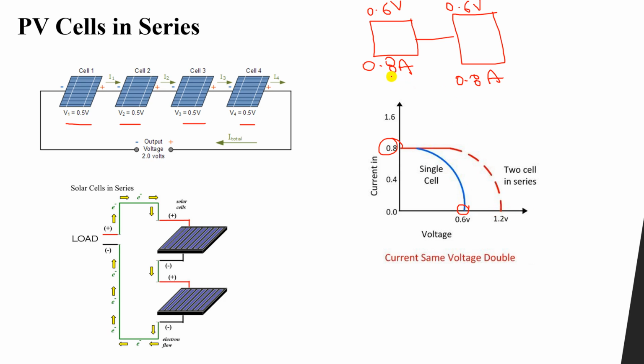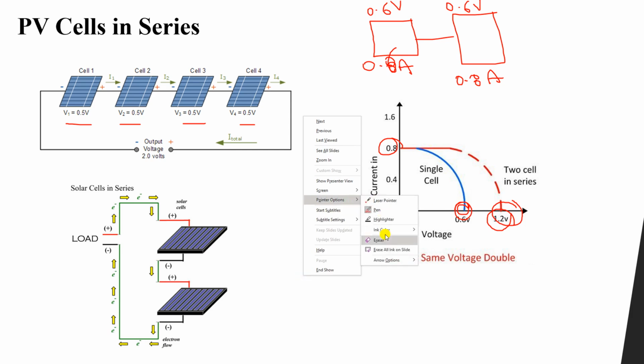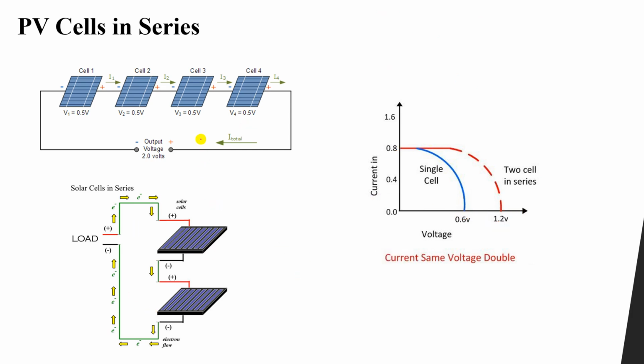You can see, let's say here 0.6 volt and 0.6 volt, the summation gives us 1.2. So you can see that when we increase the number of cells, the voltage will increase. You can see it shifted to the right. Here this figure is similar to this one.